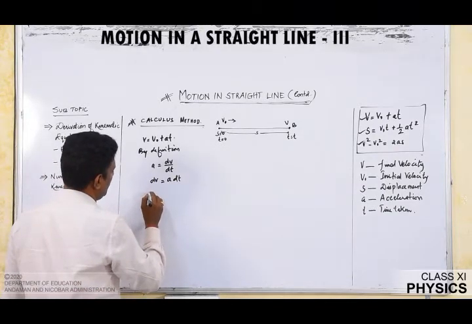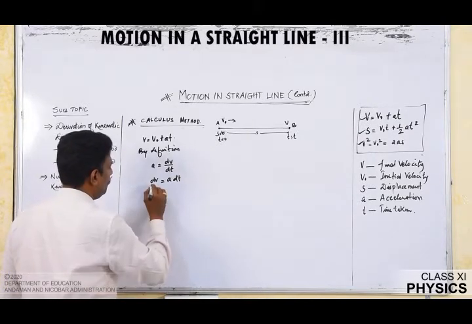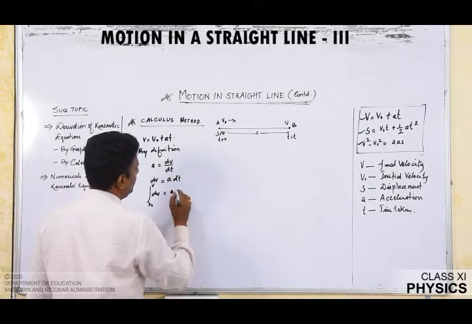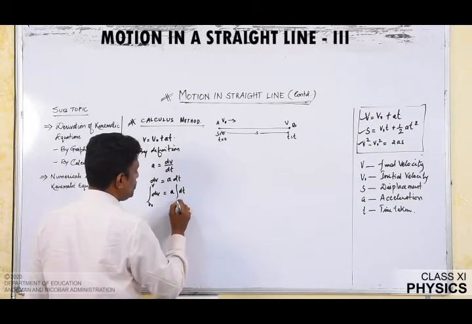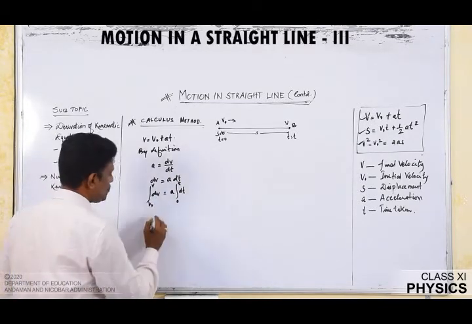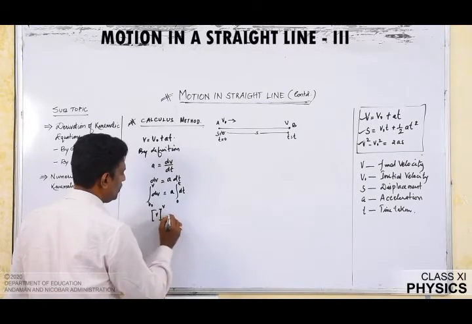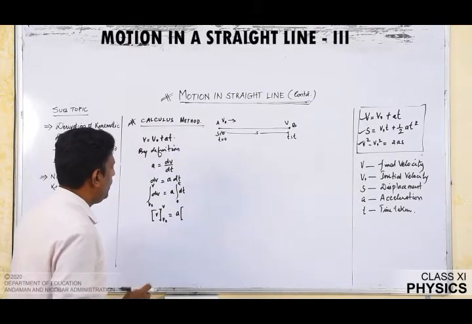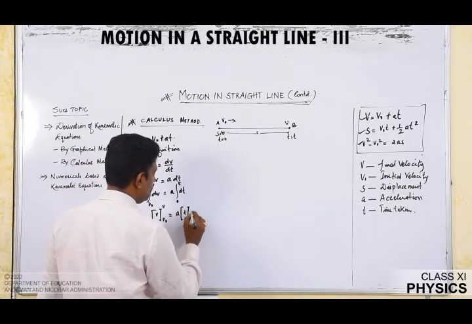So, integrating both sides, integral of dV from V naught to V, that is initial velocity to final velocity, equals A integral of dt, from t is equal to 0 to t. Integral of dV is V, having limit of V naught to V, is equal to A, which is a constant, and integral of dt is t, limit of 0 to t.